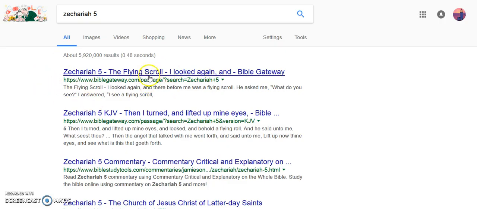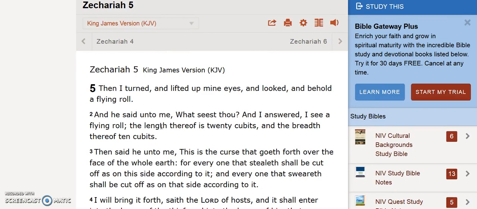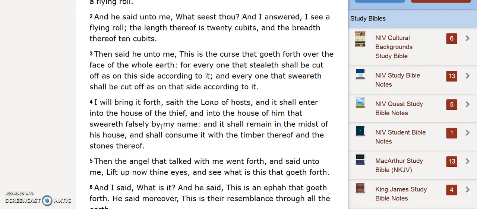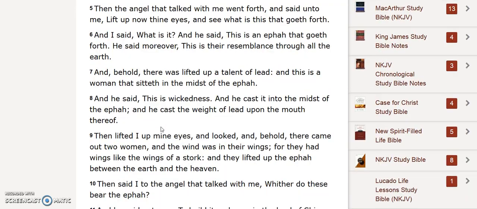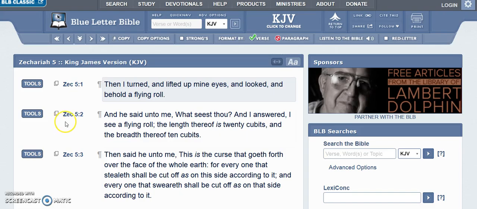But it reminded me of the flying scroll in Zechariah 5, because that's referred to as a scroll as well. And you may already know that this has been interpreted to refer to a ballistic missile as well, and so they're calling it a scroll.